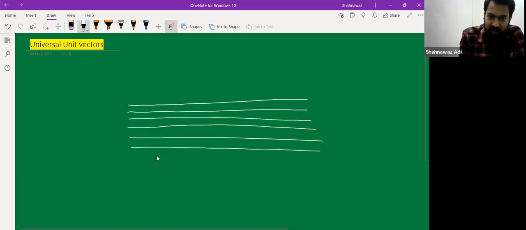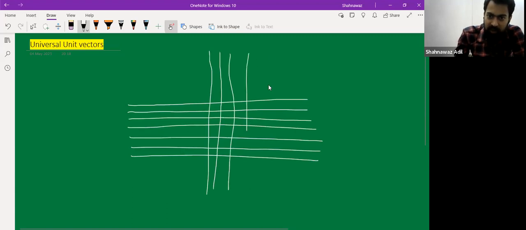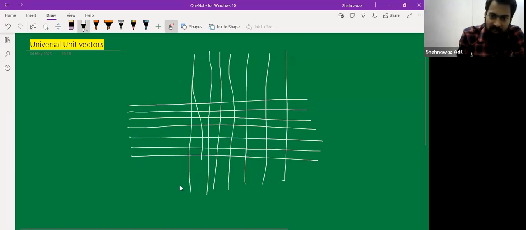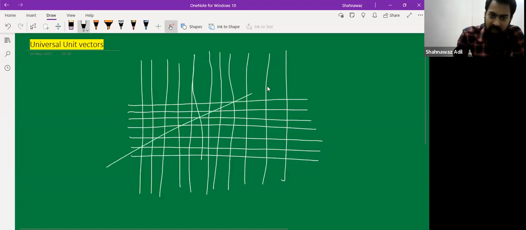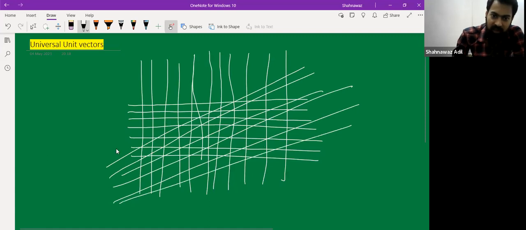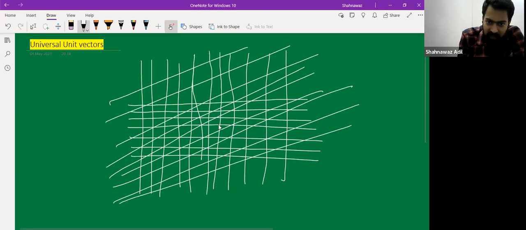You make slices of 1 unit, and then you make the slices of y like this, and then the slices of z direction. So you will have each of these slices.